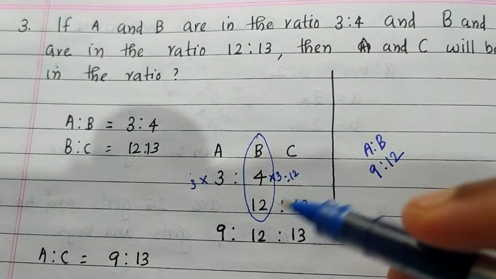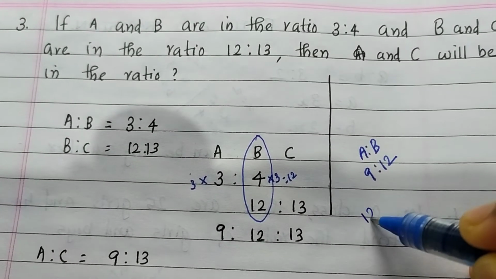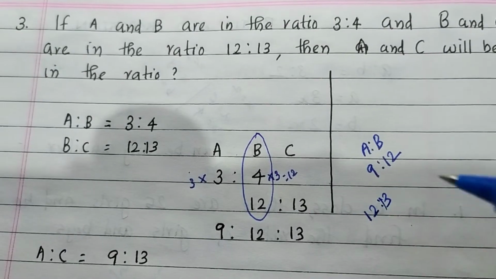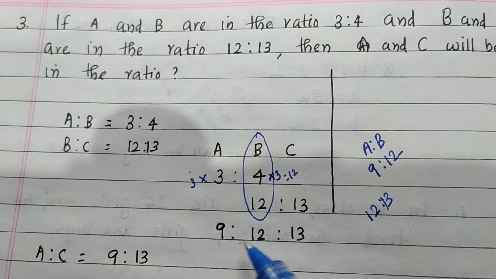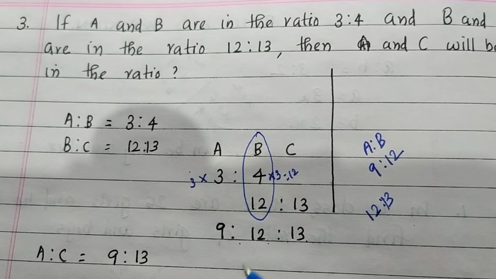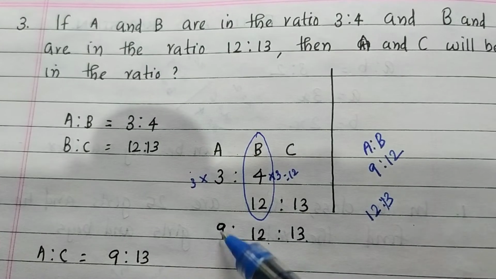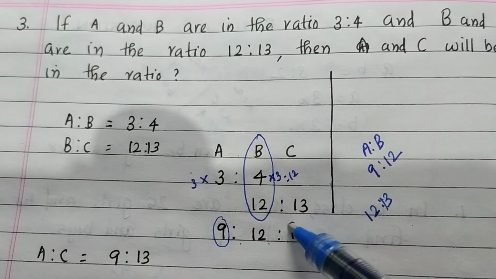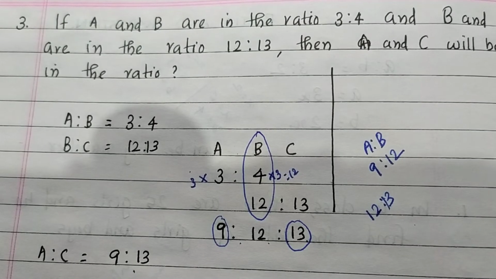We are already given that B is to C is 12:13. So from that we got 9:12:13 as the ratio of A, B and C. So from this we will easily get the ratio of A and C as 9:13.